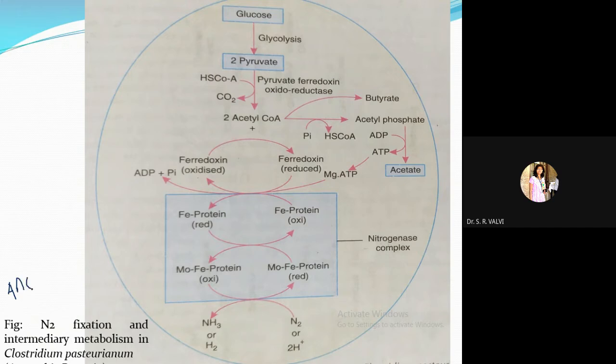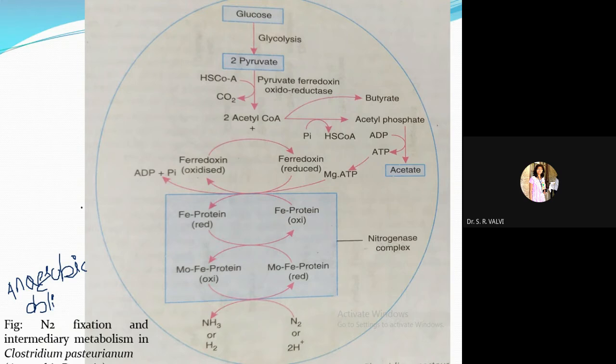This completely requires an oxygen-free environment, means without oxygen it can grow. And obligate means strictly without oxygen it is going to have its life cycle. So an obligate anaerobic bacterium, that is Clostridium.